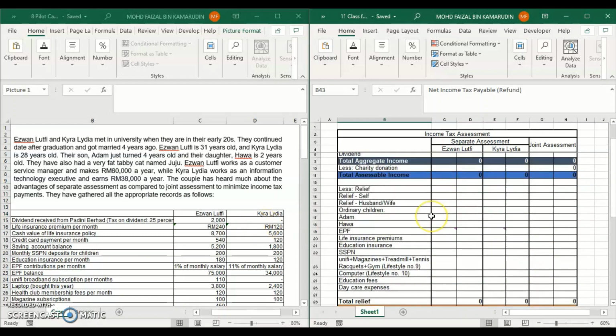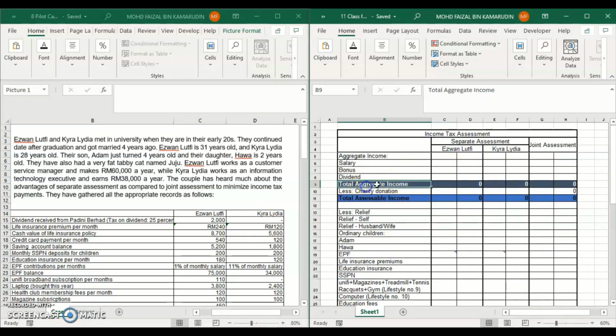Okay, let's begin with the first one, total aggregate income. So where is the income information? It is here. If you read the case carefully, S1 is employed as service manager making about 60,000 annually.